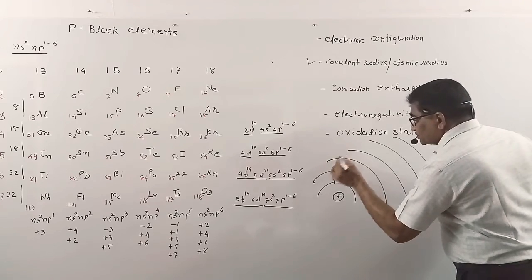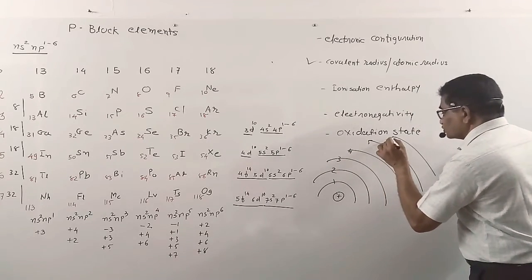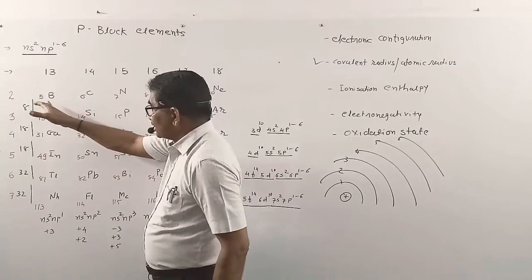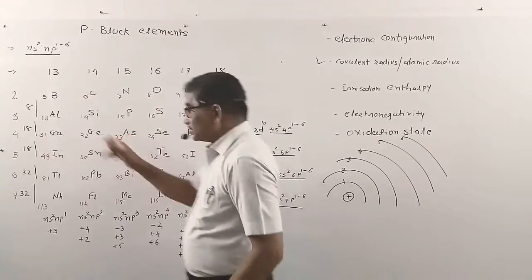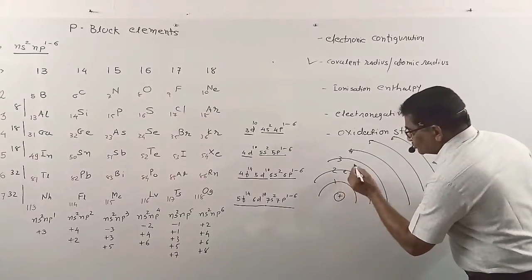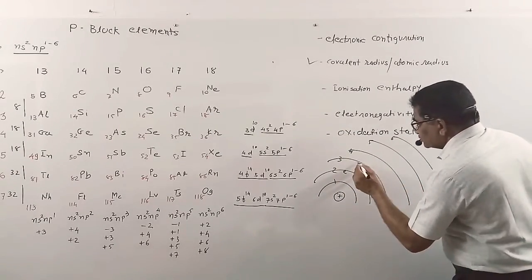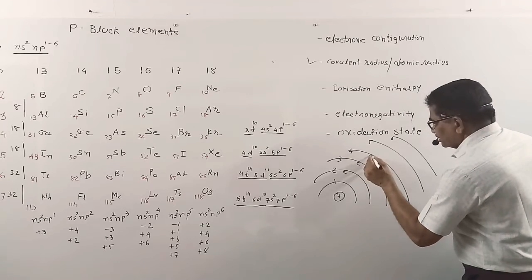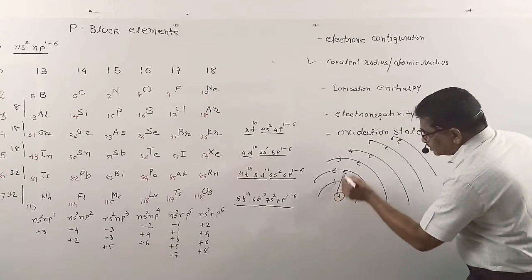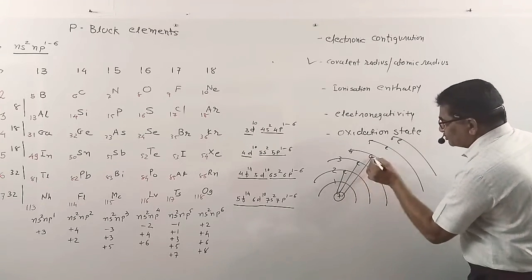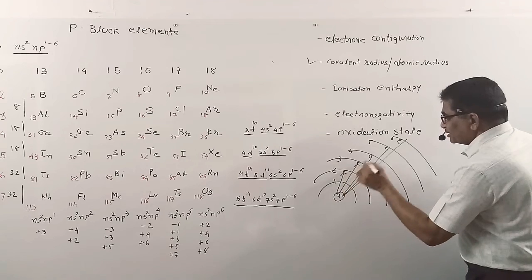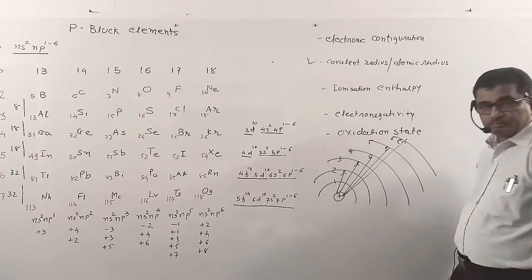In boron, the last electron is in the second orbit. Aluminium third, then gallium, indium and thallium. By this structure, the atomic radius or covalent radius will increase.